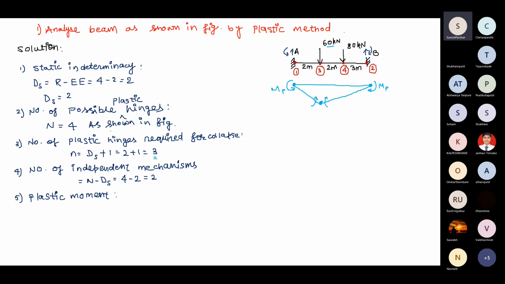We have constant Mp. This is delta 1, I will say this as delta 2. This is theta A, theta B. This is mechanism 1.